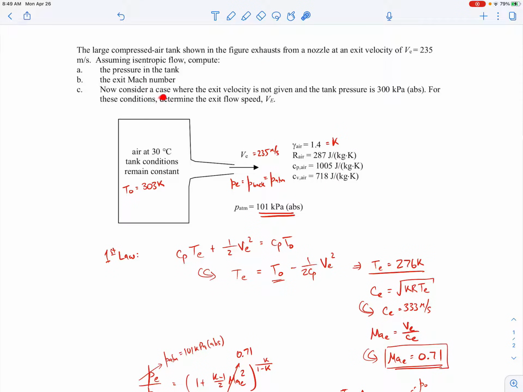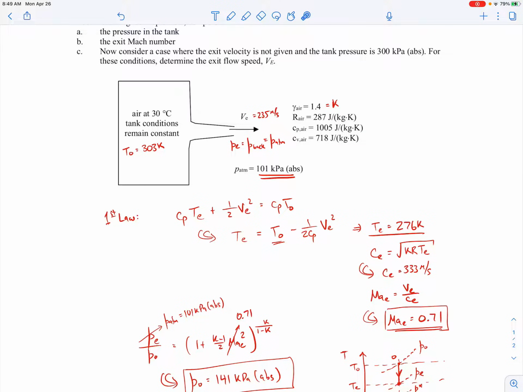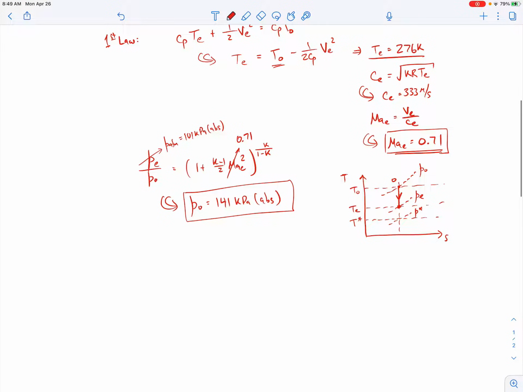For part C, we're told that the exit velocity is not given, but we are given the tank pressure of 300 kilopascals. So the first thing that I'm going to do for that is just to see whether or not the flow is choked. Okay, so the flow will be choked for a converging nozzle case if the back pressure divided by the stagnation pressure is less than or equal to the sonic pressure divided by the stagnation pressure.